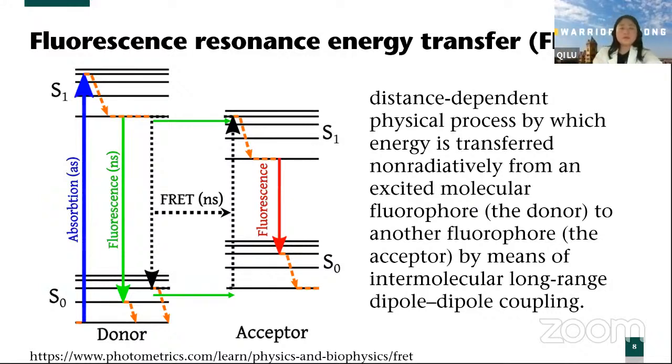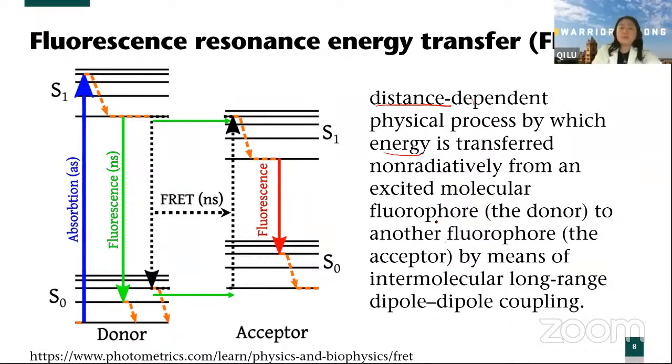First, I'm going to talk a little bit about fluorescence resonance energy transfer. Generally, it depends on the distance between two different proteins. If those two molecules are close enough, then energy can be transferred from the donor to the acceptor.